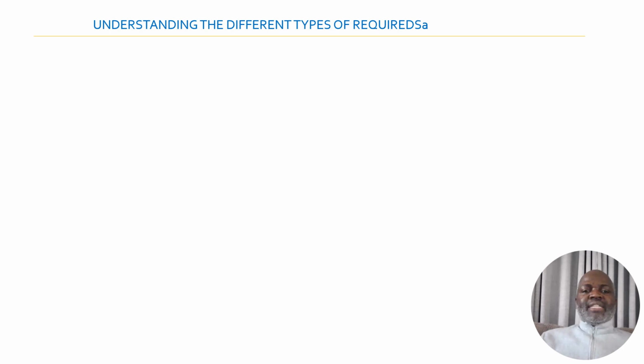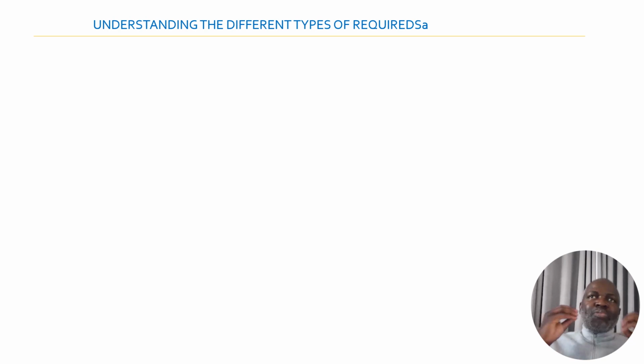Let us move to understanding the different types of required. You've got to understand the problem that you have been asked to solve. Yes, you've been given context in the scenario. This is what happened, so and so supplied this and that.